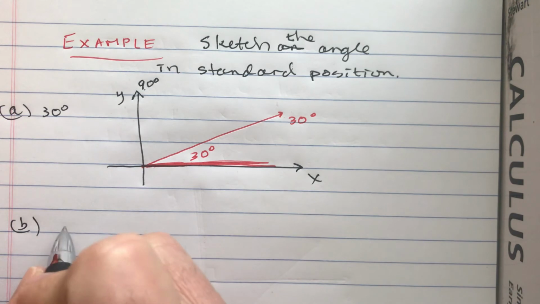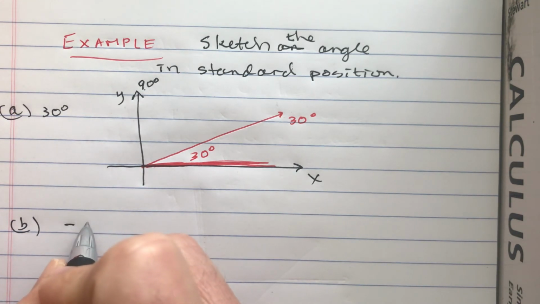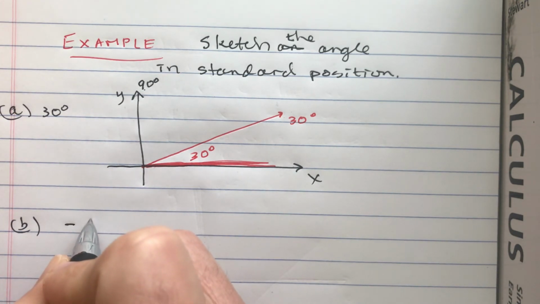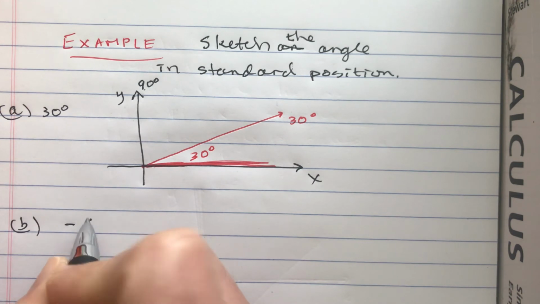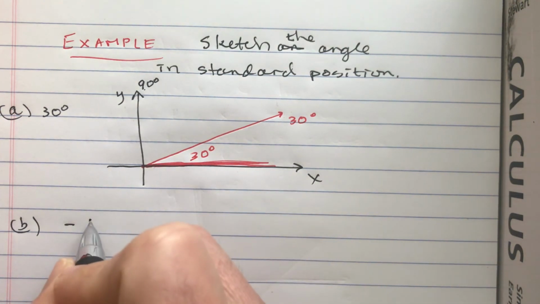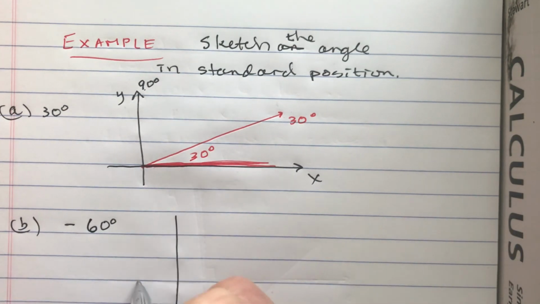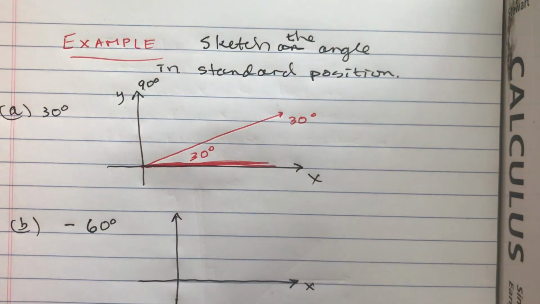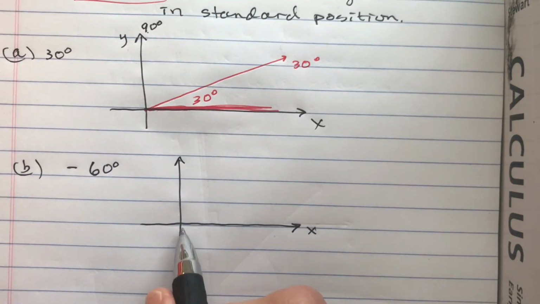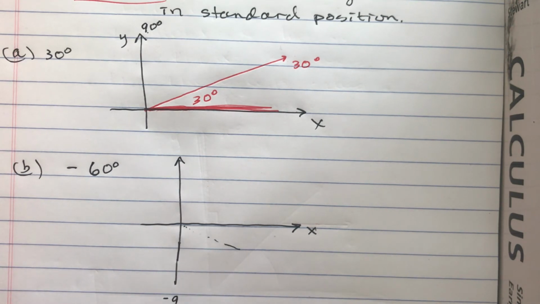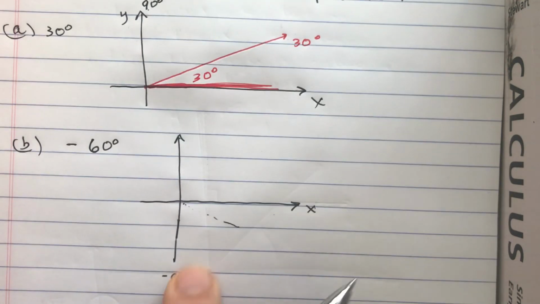Let's look at negative 60 degrees. I'm making one up as I go here because I had another one written down, but I think this one's better. Look at this as 30. Let's go the opposite way. If I go clockwise, I measure negative.